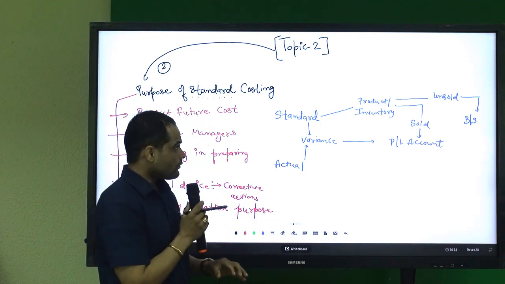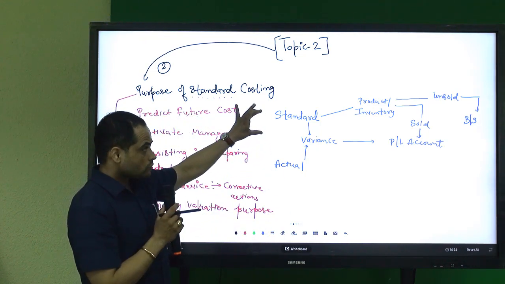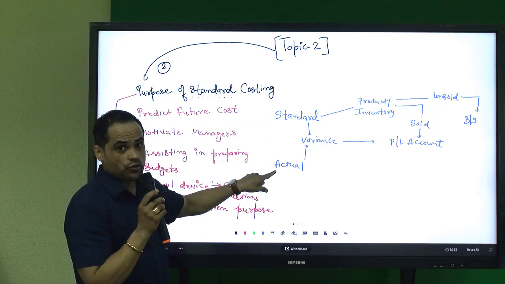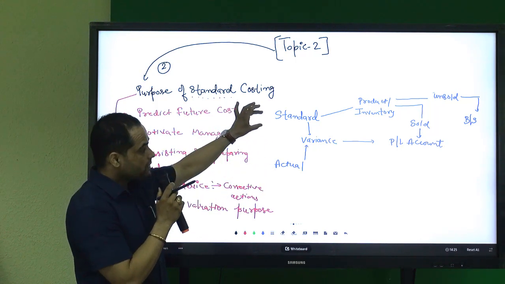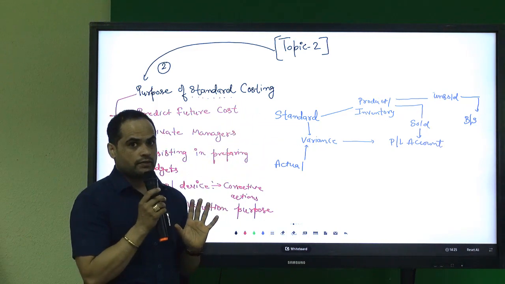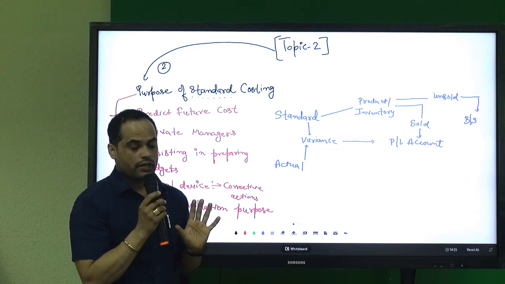Okay, so here is the standard and this is the actual. The difference between standard and actual is the variance.